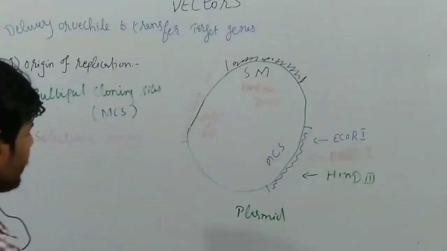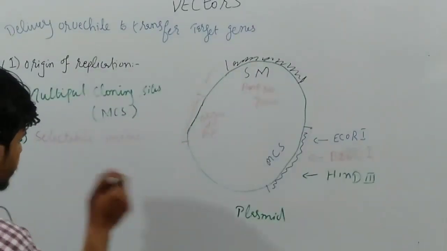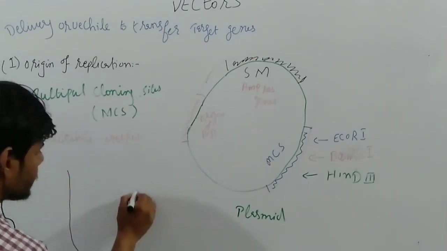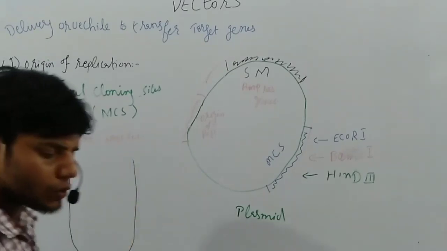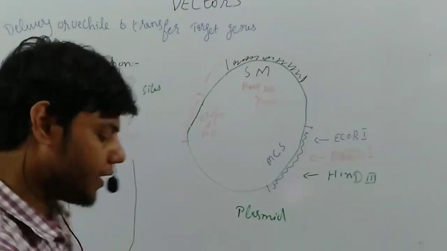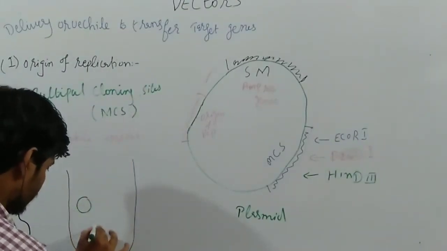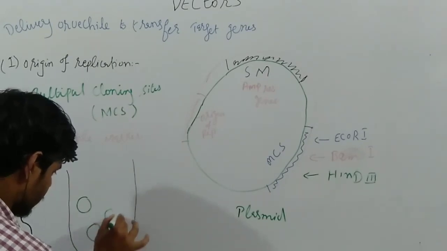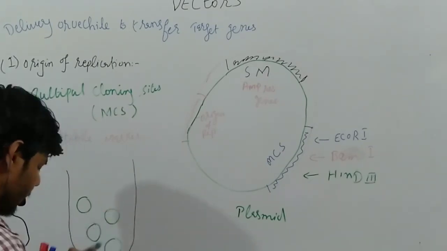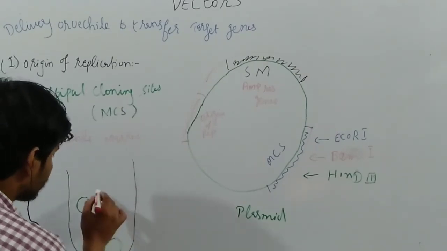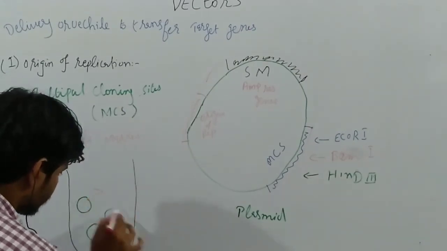Let's say this is a test tube. Inside the test tube we have a mixture of vectors, and with this mixture we also have our gene of interest.